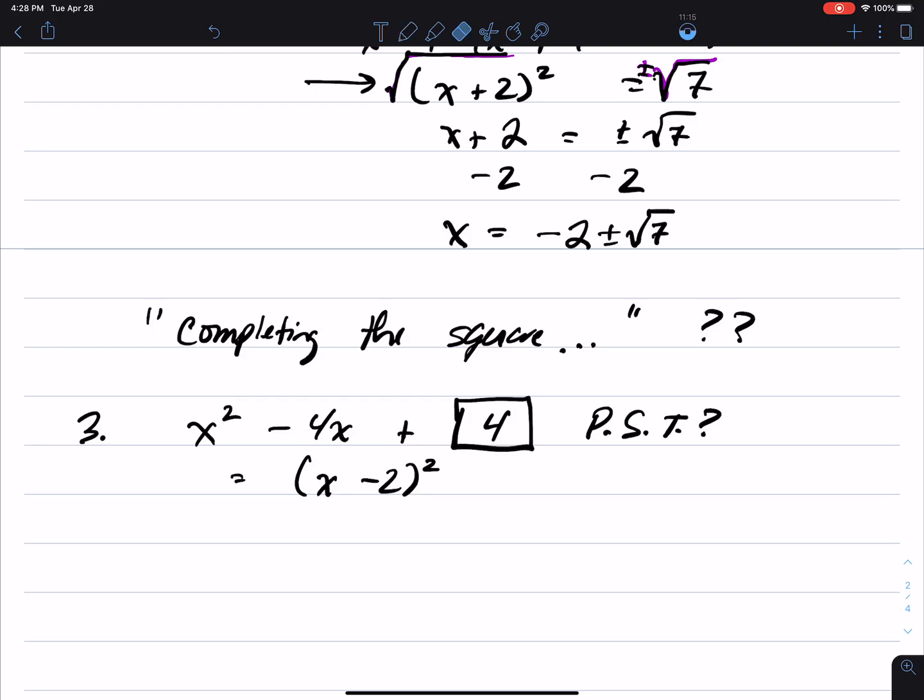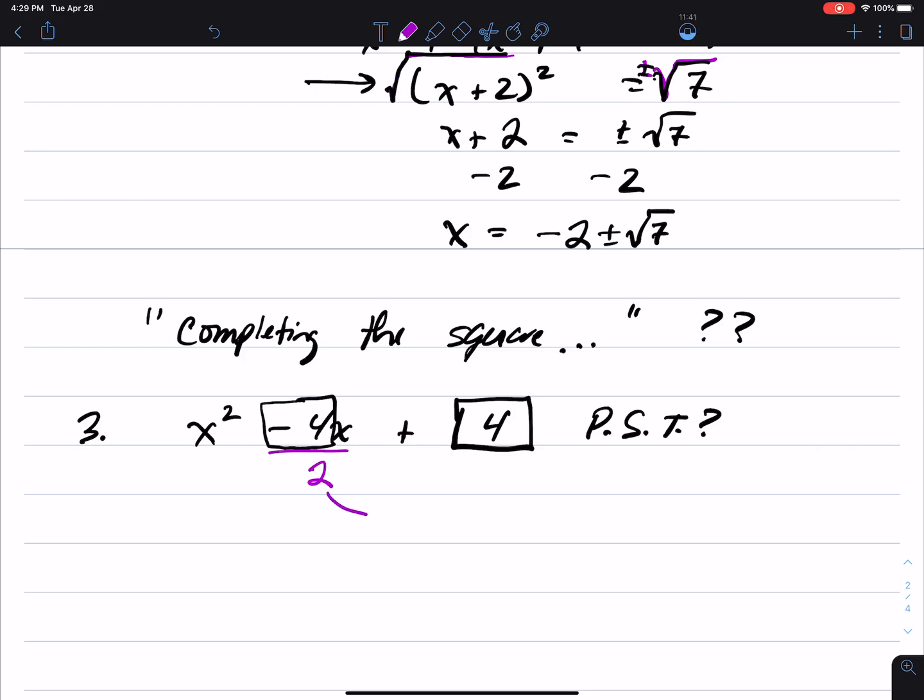But the question is, what's the algorithm for getting to that 4? The algorithm is as follows. You look at this coefficient here, the negative 4, and what you're going to do is divide it in half, cut it in half.